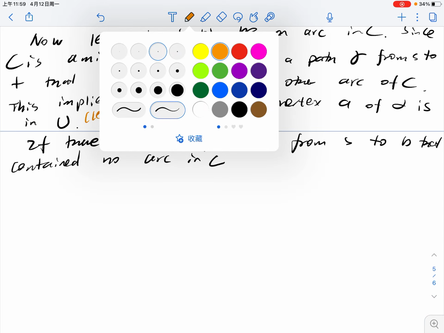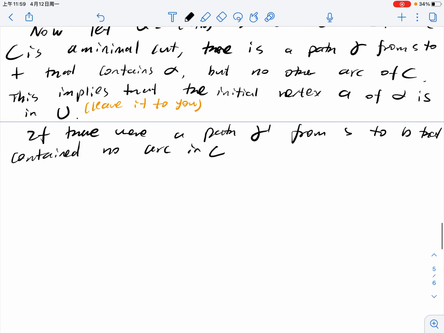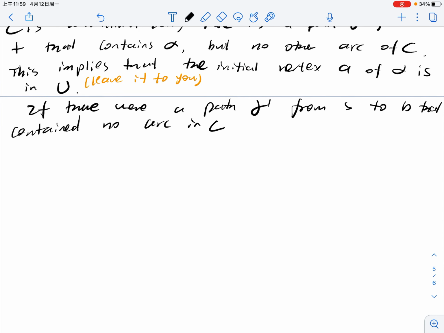It's clear from the path gamma we chose.